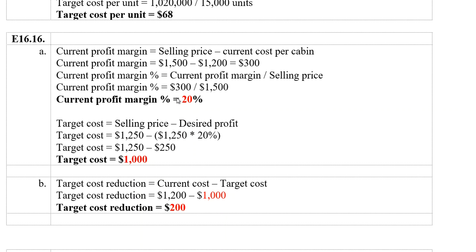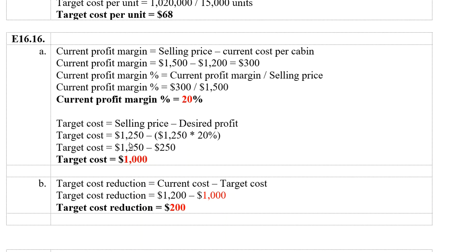another company comes along and says, look, I'm going to be able to do this at a selling price of $1,250, not $1,500. So your competitor is going to be able to sell for cheaper. So can you figure out how much your cost needs to be dropped in order to maintain the same profit margin of 20%?